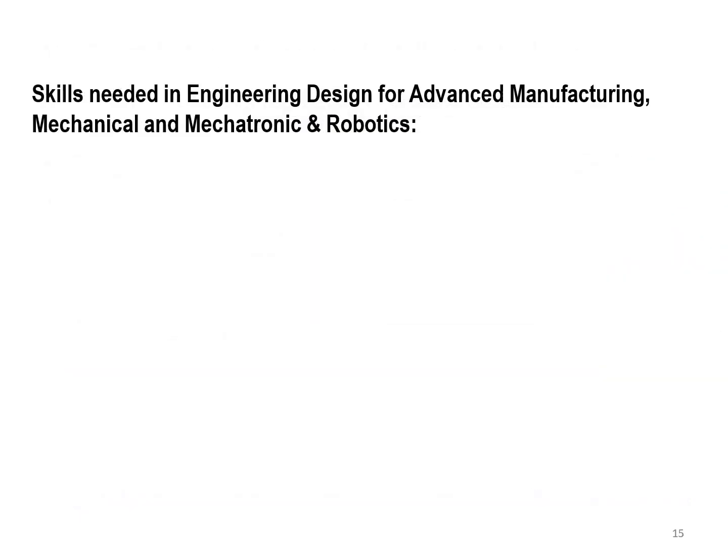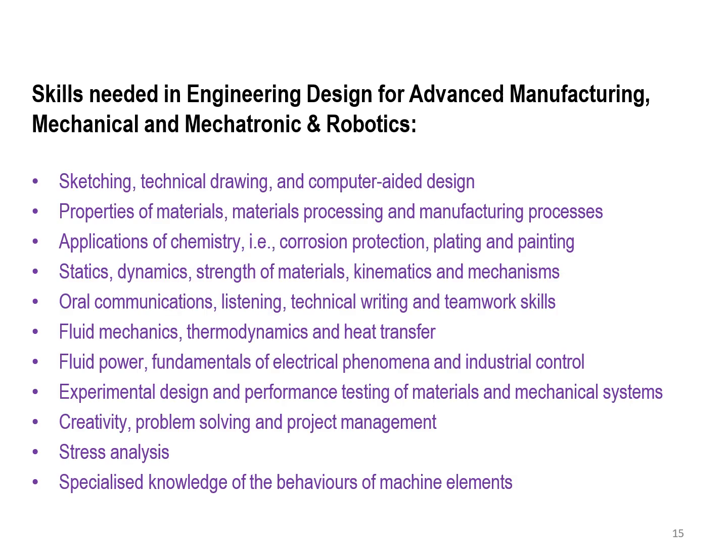So skills needed in engineering design for advanced manufacturing, mechanical and mechatronic and robotics will include sketching, technical drawings, and computer-aided design. This should be a must for every engineer to learn. Second, you should have a good knowledge about the properties of materials, processing, and manufacturing processes.